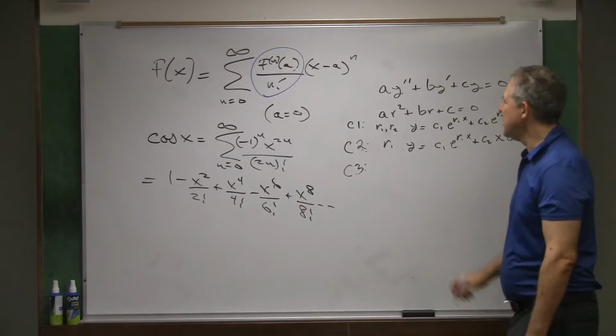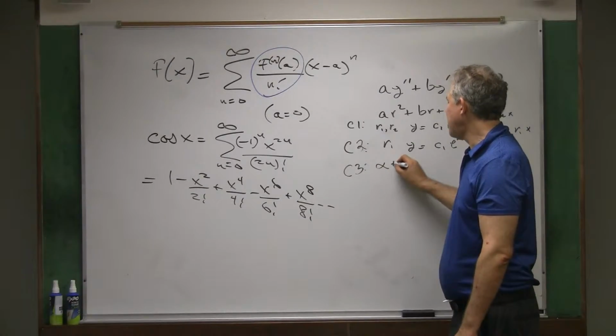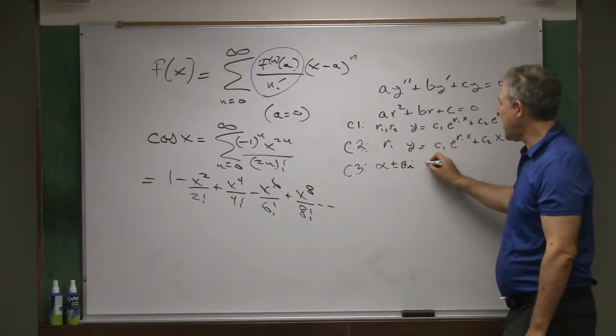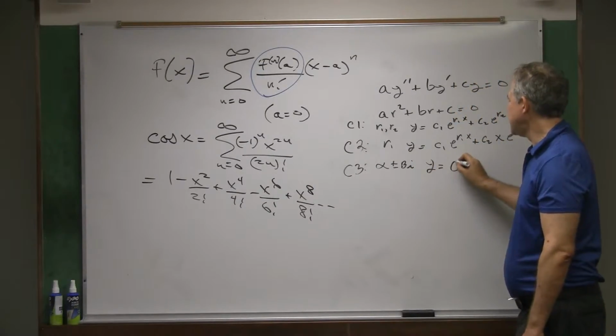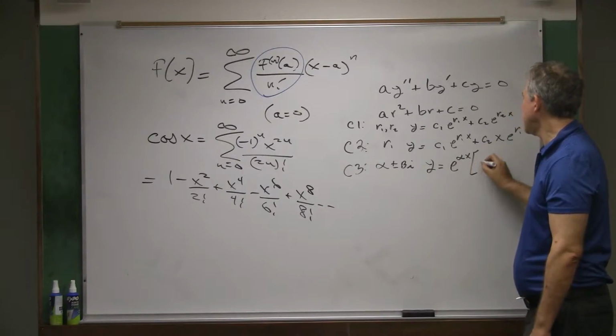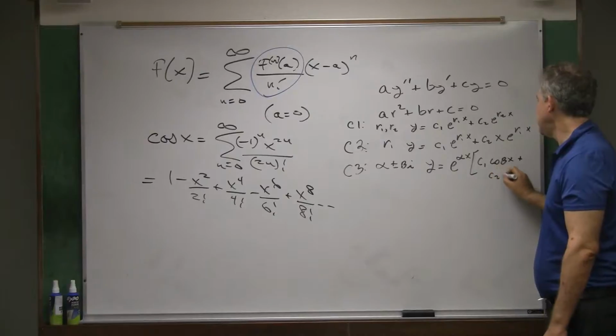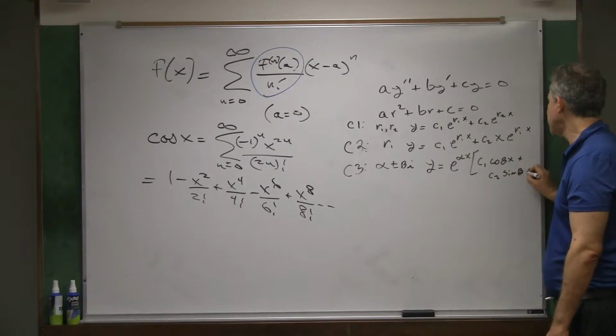Case 3 was where we had roots alpha plus or minus beta i. And I told you at that time, just say this is e to the alpha x times a c1 cosine beta x plus a c2 sine beta x.